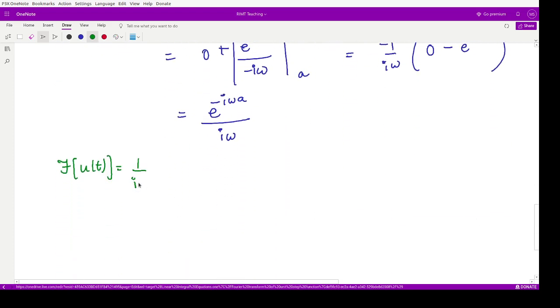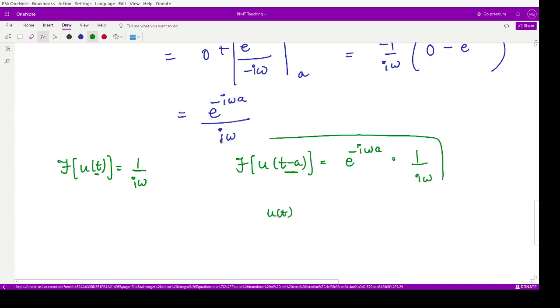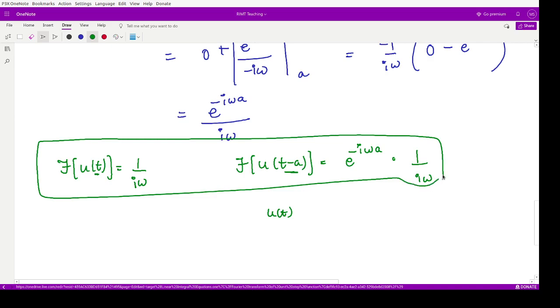So now what would be the Fourier transform of u of t minus a? Whenever you have shifted your quantity, it is equivalent to e to the power minus iota omega a multiplied by whatever is the Fourier transform of this function u of t, which is 1 by iota omega. So this is the result that we have with us, right?